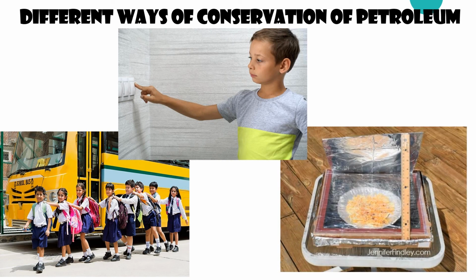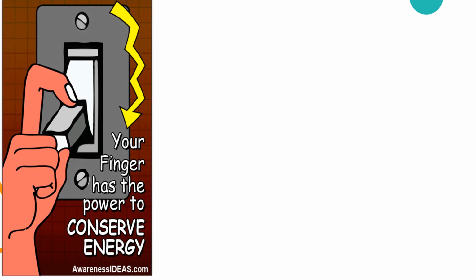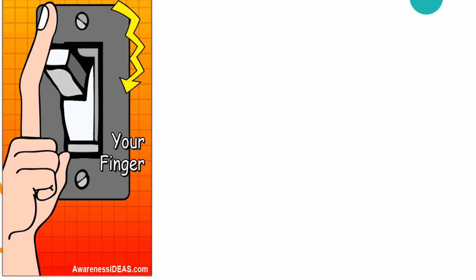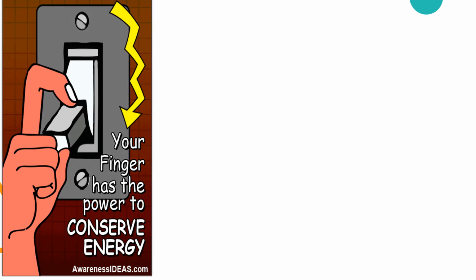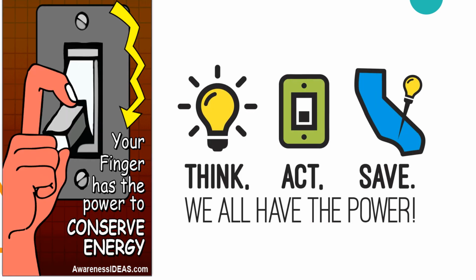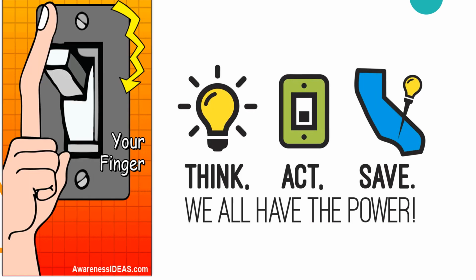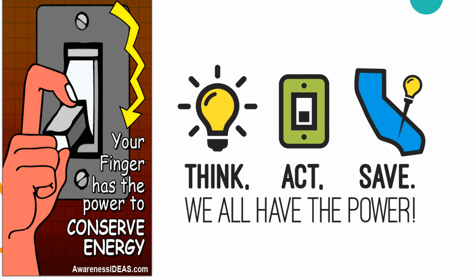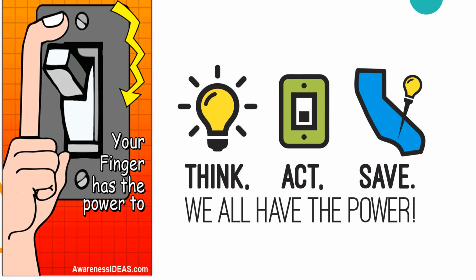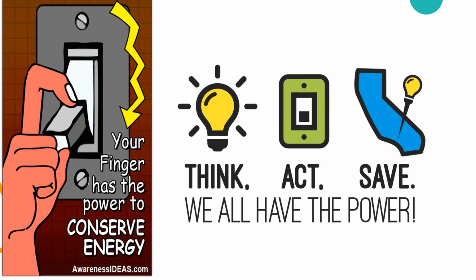Make your own solar cooker to cook or reheat food. So, dear children, your finger has the power to conserve energy. So, think, act, and save. We all have the power to conserve energy.